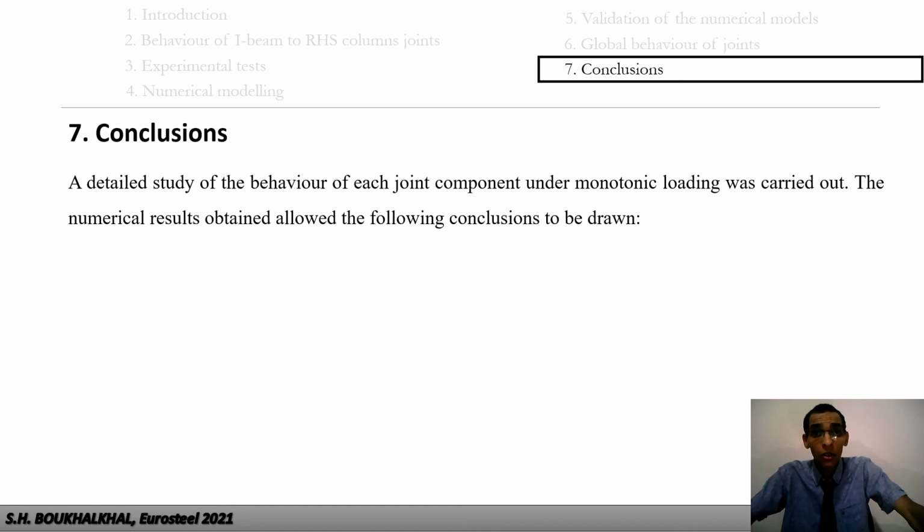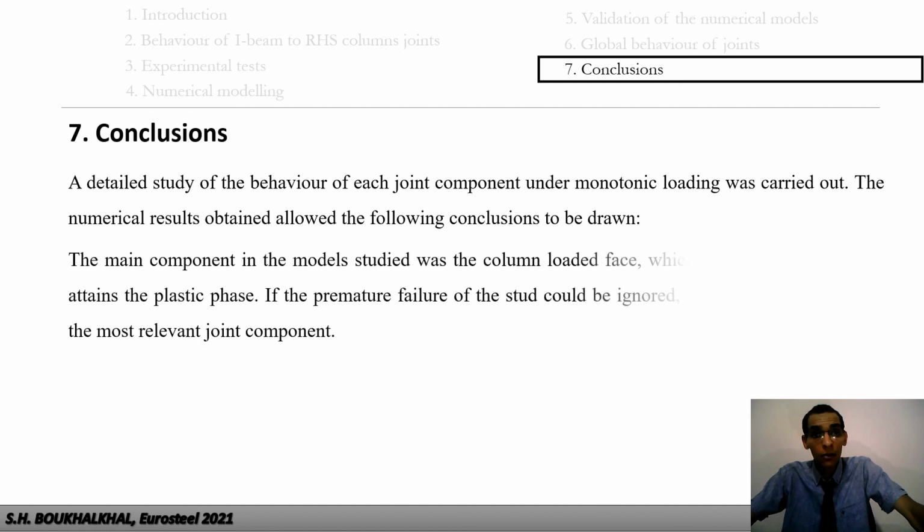The numerical results obtained allow the following conclusions to be drawn. The main component in the models studied was the column loaded face, which is the first element that attained the plastic phase. If the premature failure of the stud could be ignored, this component would be the most relevant joint component.